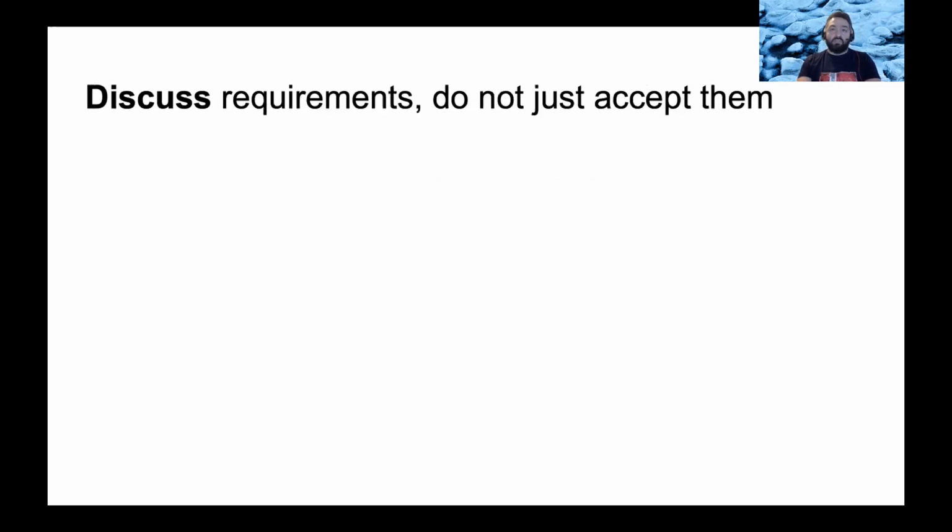Another important point, do not just accept all the given requirements. I see at least two scenarios that are common. First, people tell you the solution instead of explaining the problem. Example, you need to use the OAuth 2 protocol for authentication.